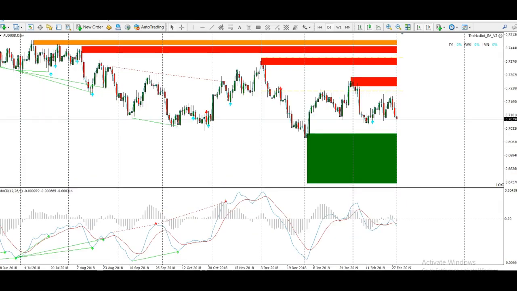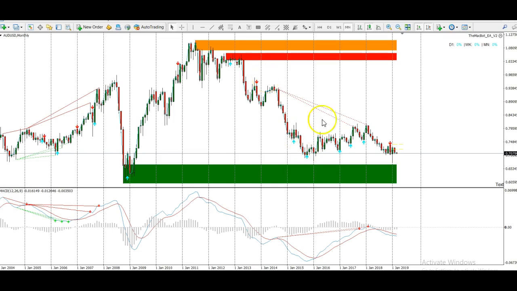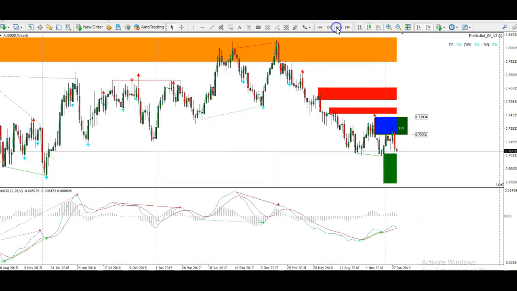Let's look at the Aussie USD monthly. Okay, just looking, you can see from this, let's test this zone here. Not much of an impulse move there, so it's kind of been ranging from here since 2015 on the Aussie.